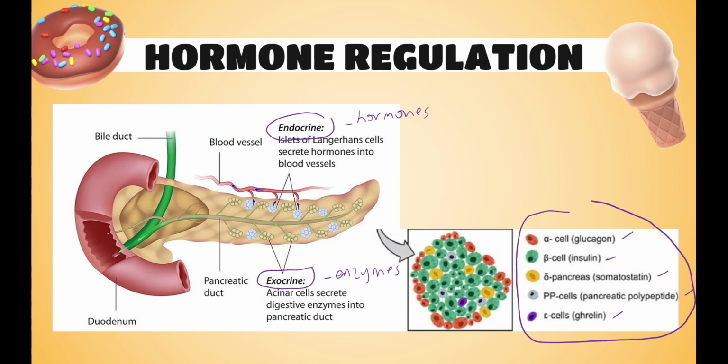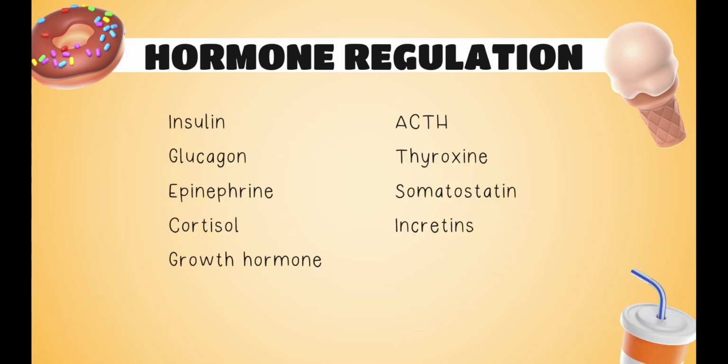Siyempre, each of these substances have their own roles and functions in our body. Yan lang din yung gusto ko pong i-point out dito. In terms of the enzymes being secreted in the acinar cells, remember your amylase and lipase enzymes. Okay? So, now let us begin.